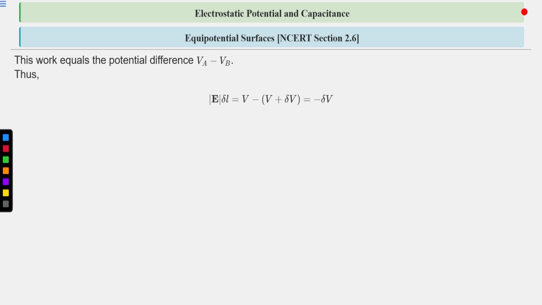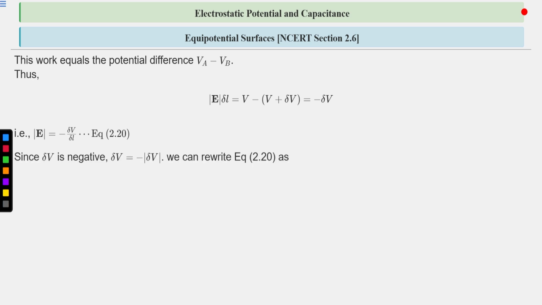So the change in the potential is minus del V. So E becomes minus del V by del L. Since del V is negative, this is a positive value. This is the magnitude of the electric field. But the actual expression is E equals minus del V by del L.